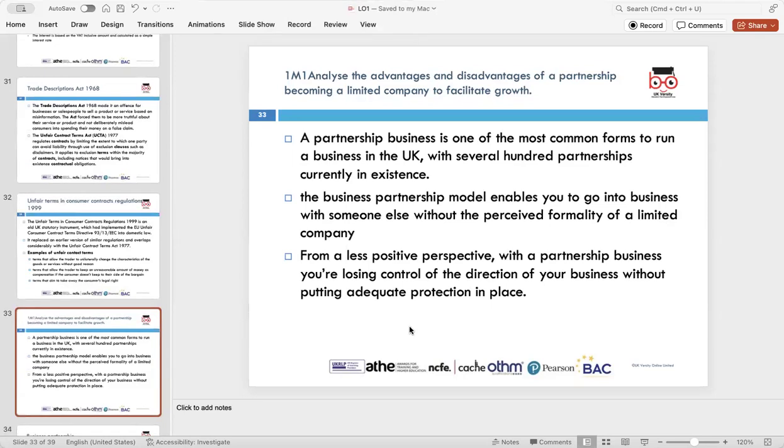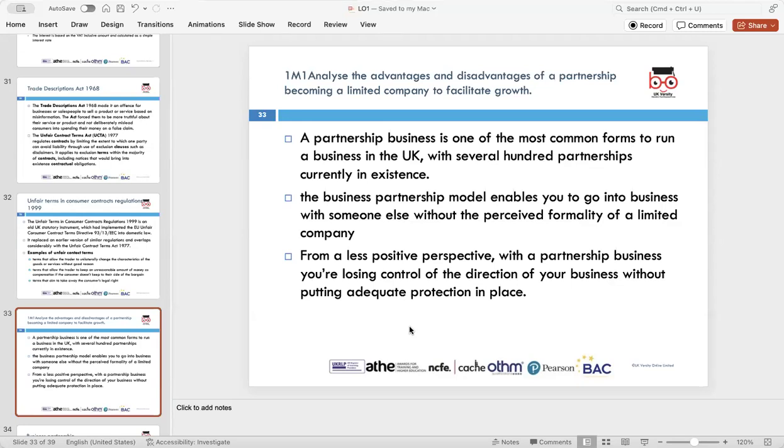In the United Kingdom, a partnership firm is considered to be one of the most relevant choices for conducting commercial operations. By utilizing the partnership model, it is possible to enter into a business relationship with another individual without the perceived formality that is associated with a limited company.